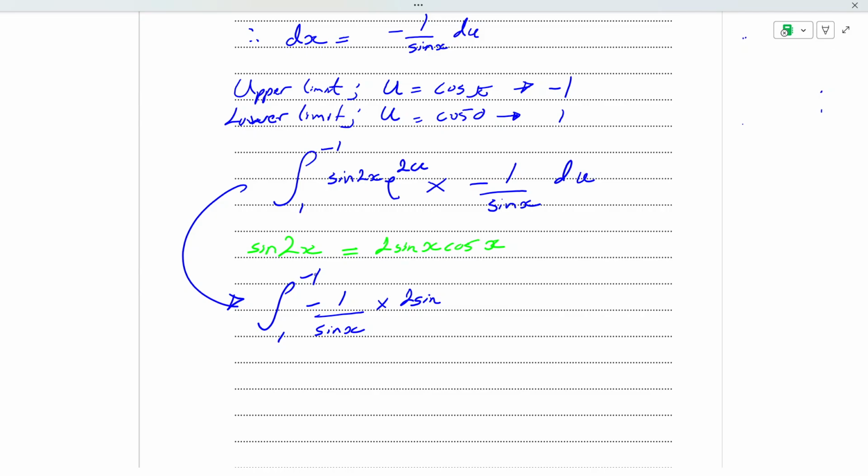We are replacing sine 2x with 2 sine x cos x. We already know that cos x is equal to u, so this is u multiplied by u, right? Then we have e to the 2u. So these two cancel out.